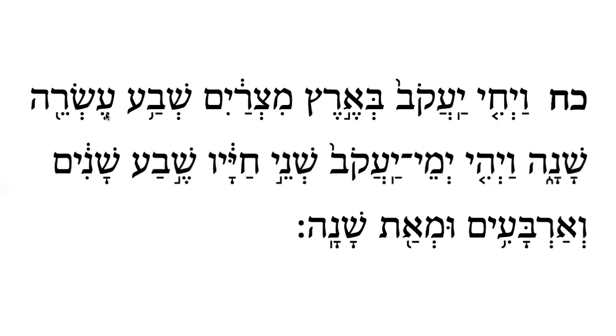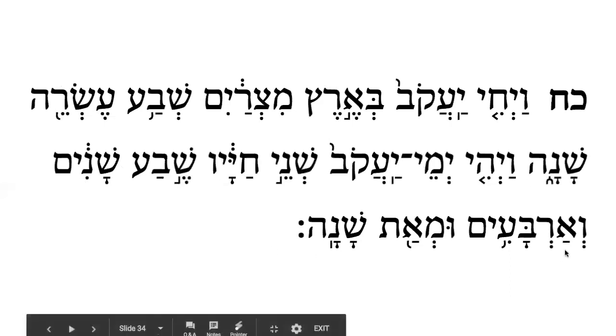Okay, Sheva Esrei Shana is 17 years, and the next clause ends here. So Vayehi yemei Yaakov shnei chayav. So that's and the days of Jacob were the years of his life. Okay, and this is Sheva Shanim. That's another phrase right here, 7 years. It's very, very interesting that they put Sheva Shanim in a phrase all by itself. So again, you might want to read some commentaries about that. And then this is the last clause right here, and 40 and 100 years. Okay.